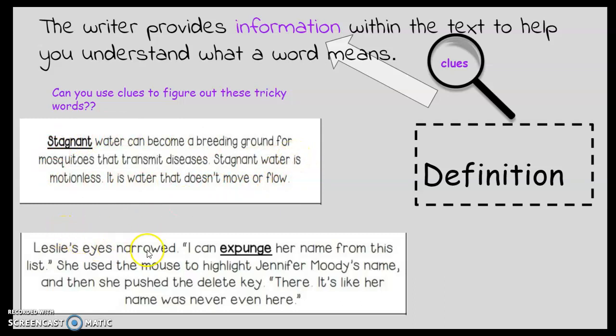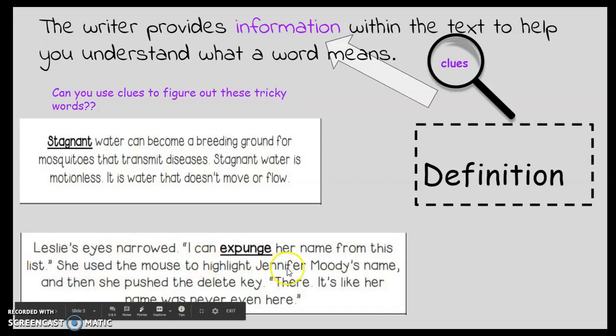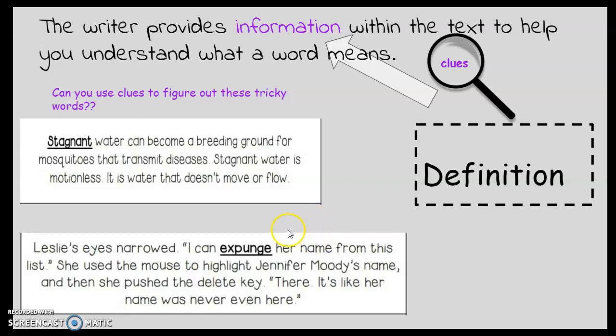Leslie's eyes narrowed. I can expunge her name from my list. She used the mouse to highlight Jennifer Moody's name and then pushed the delete key. There, it's like her name was never even here. What kind of clues do you hear or see surrounding expunge? Do you see any synonyms or antonyms?